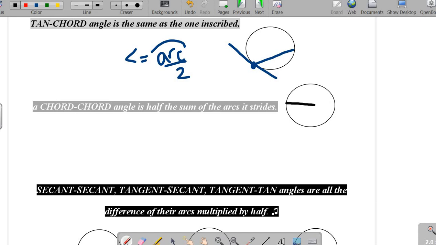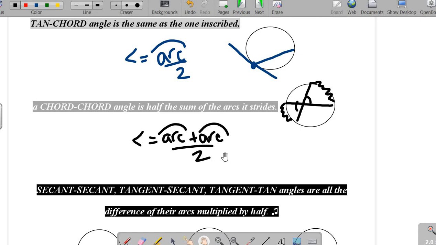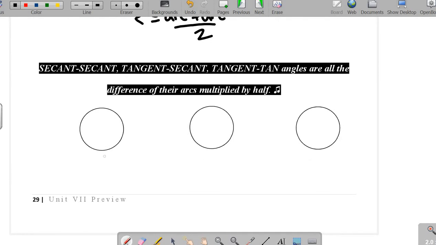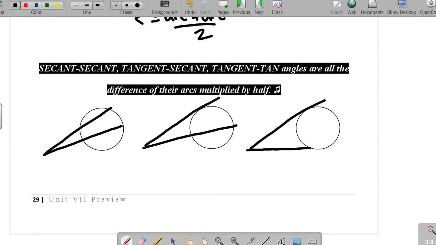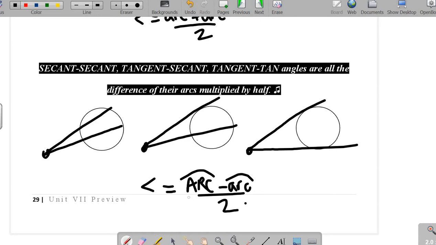A chord angle is half the sum of the arcs it strides. Secant, secant, tangent, secant, tangent, tan angles are all the difference of the arcs multiplied by half.